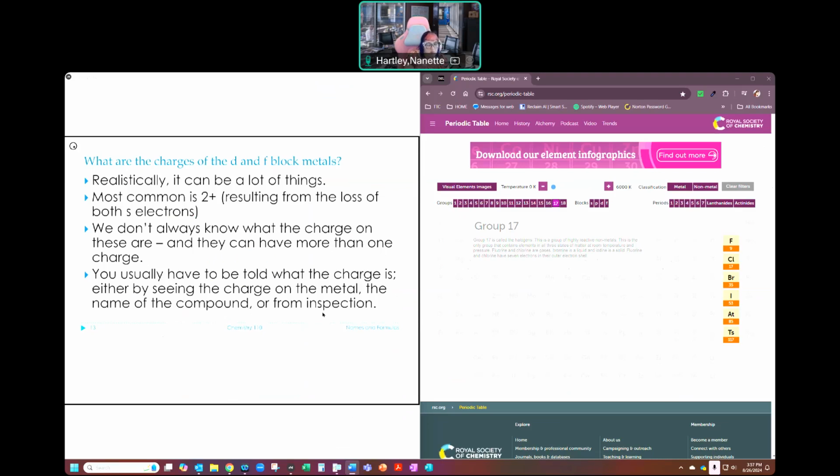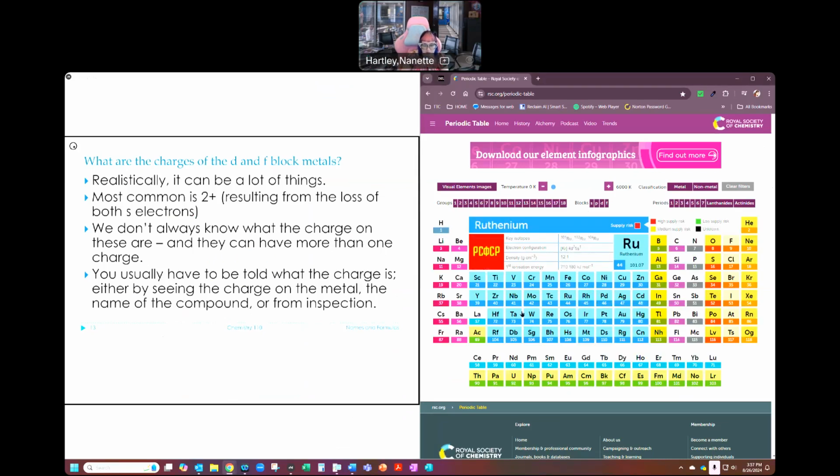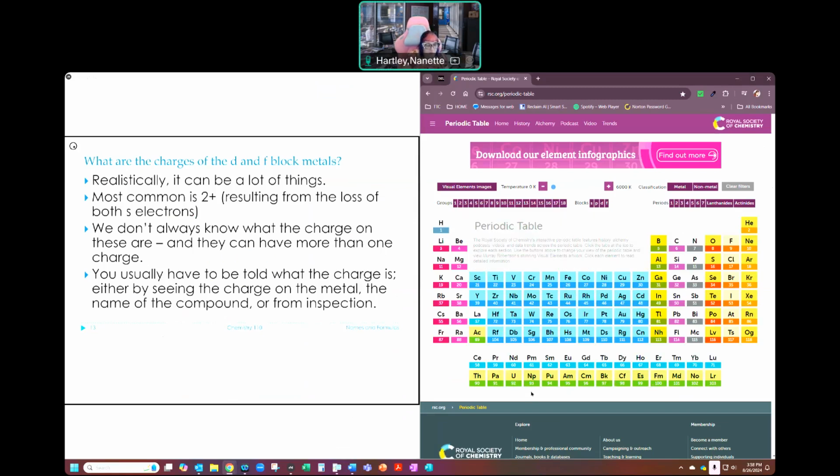Now, we've only done predictions for main group elements. So nothing in the D block, nothing in the F block. And it's complicated when we talk about that. Now, what are the charges on those? They can be a lot of things. So they can be +2, because if we take these S's, we can pull those out.